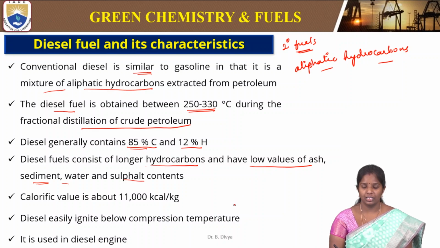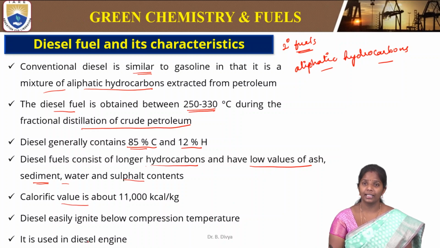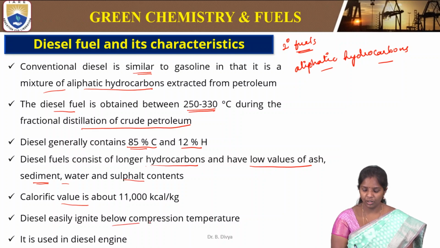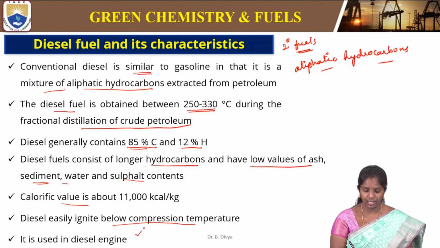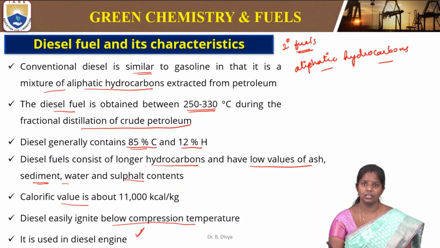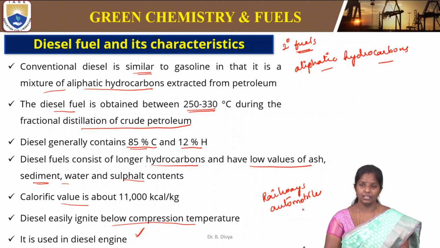The calorific value is about 11,000 kilocalories per kg, so it has a very good calorific value, and diesel easily ignites at a low compression temperature. It is used in diesel engines, like railways or any automobiles. Wherever there is a diesel engine, it has a very good application.